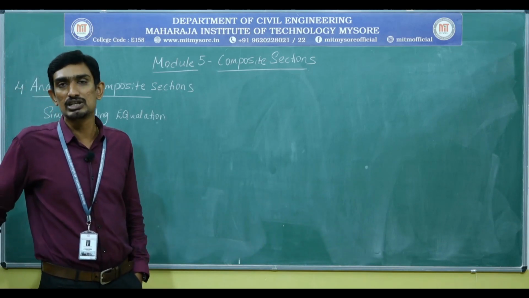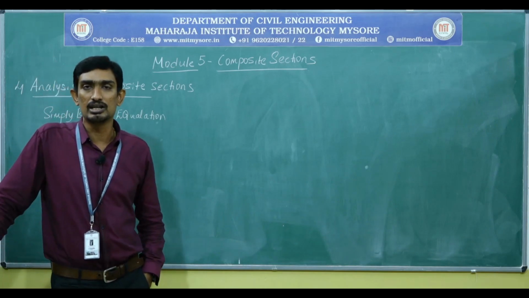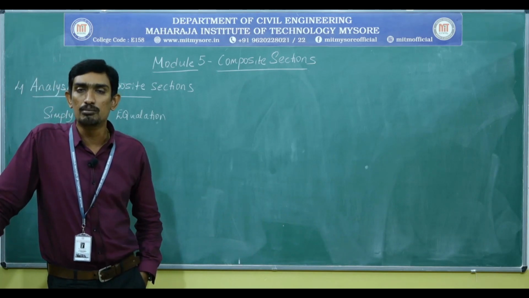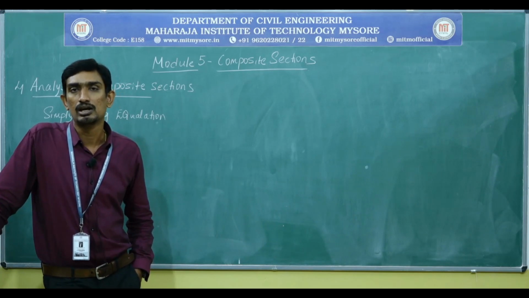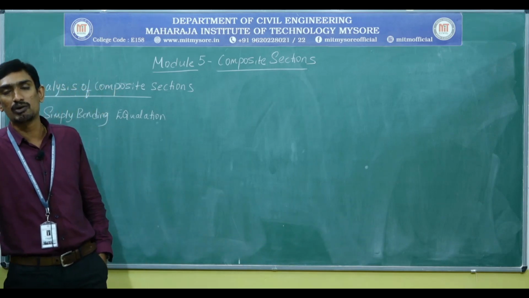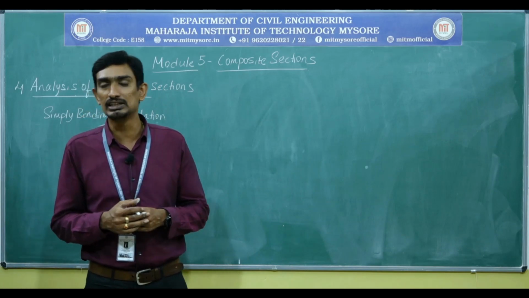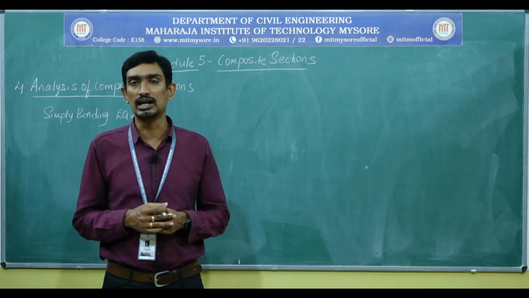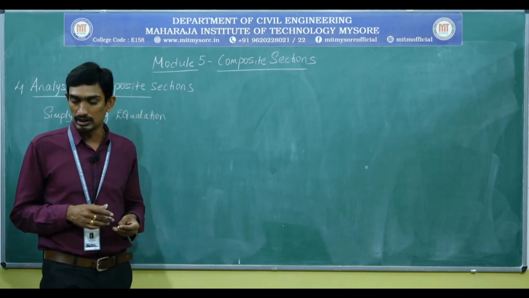We know what the simple bending equation is: M by I is equal to E by R is equal to F by Y. That is the same bending stress formula which you used in strength of materials, that is Bernoulli's bending equation. The same Bernoulli's bending equation holds good here also while performing the analysis for a composite section under flexure. Let me move on to the next.